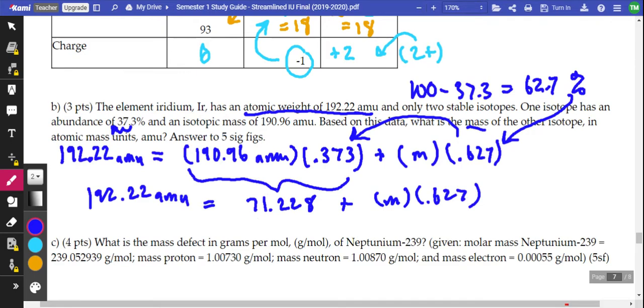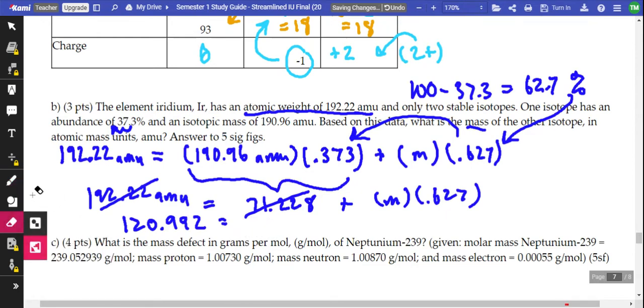I can subtract this from both sides, 71.228 on both sides. So 192.22 minus 71.228 gives me 120.992 equals m. Oh, my pen is really lagging. It keeps dragging.